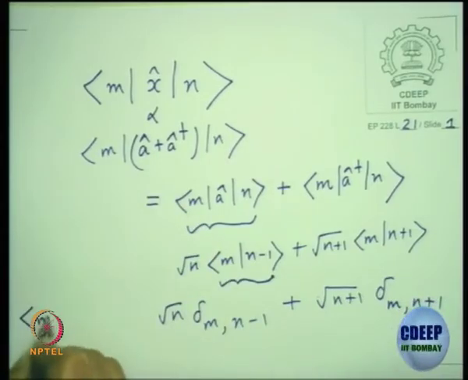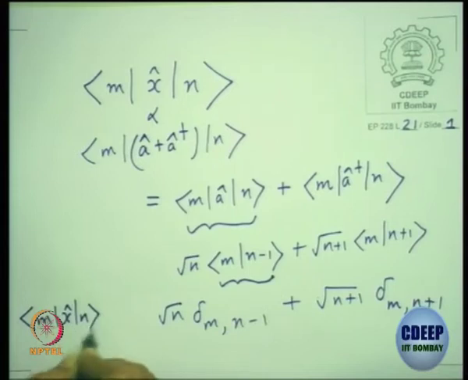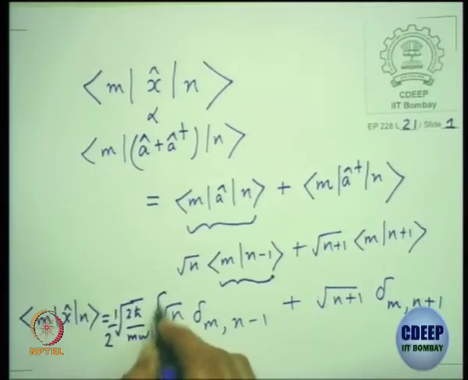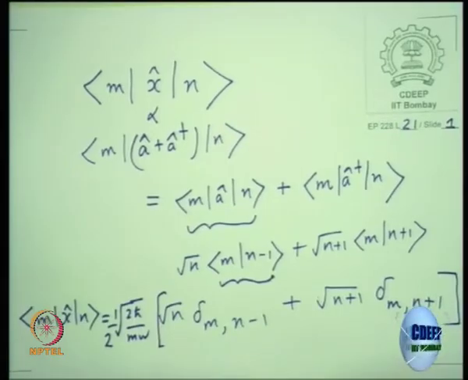If you want to write the factors, the factor will have a root of 2 h cross by m omega times the 1 by 2. Apart from that, you will have this to be the matrix element of the X operator.